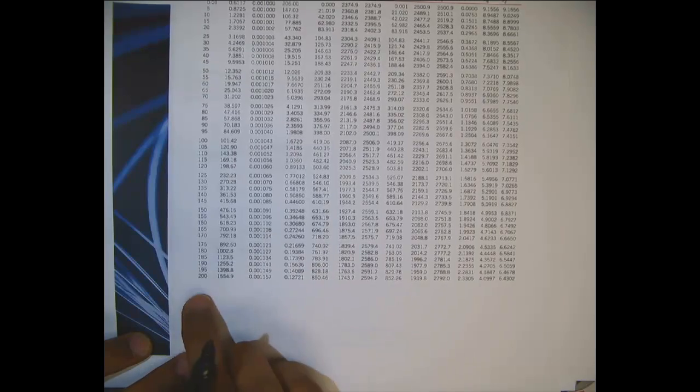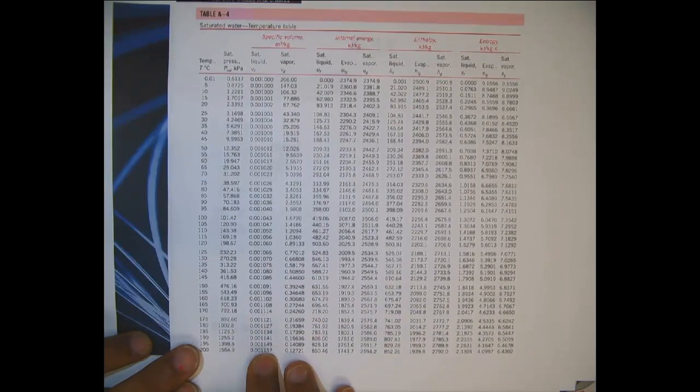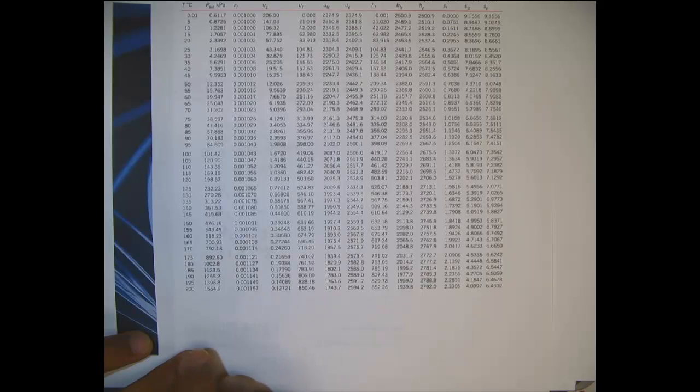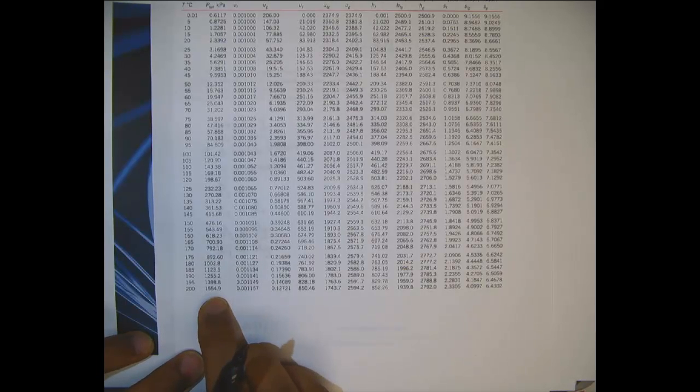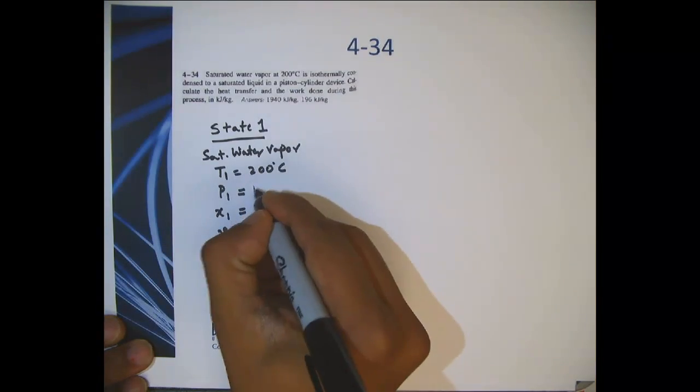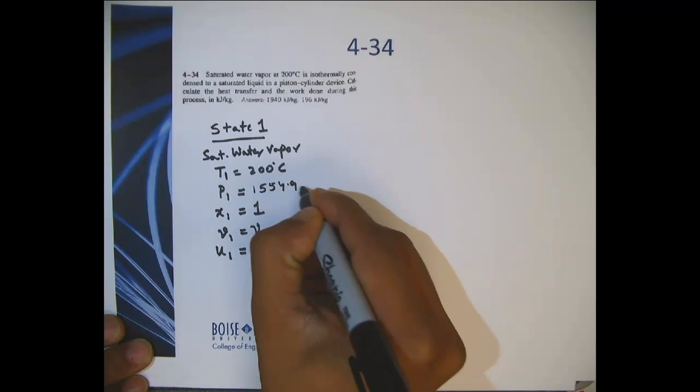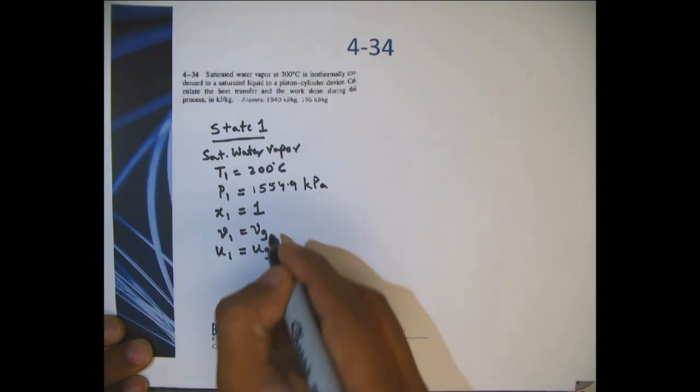So for 200 degrees centigrade from table A4, I find that the saturation pressure is 1554.9 kilopascals.